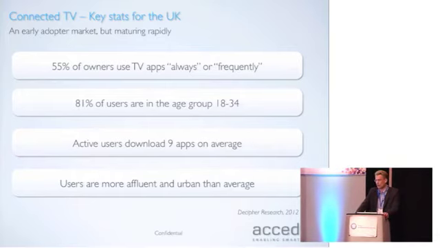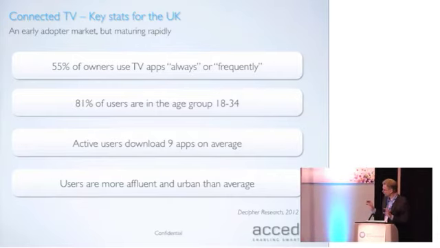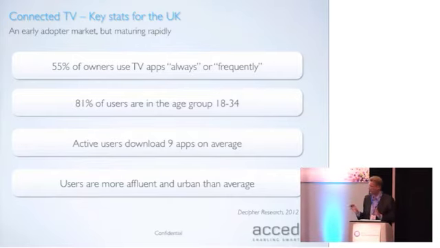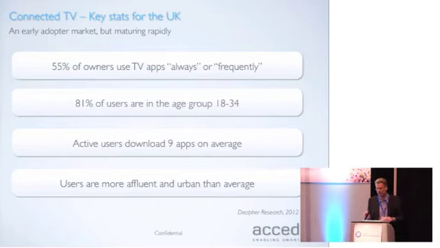It is a typical early adopter market, a bit more urban, affluent, and techy. 81% of the users are in the youngish age group, 18 to 34. But active users are using this quite a lot, with about 9 applications on average downloaded to their TV devices, which I think is quite a lot. Of course, we're not seeing iPhone type of usage yet, but you need to start somewhere.